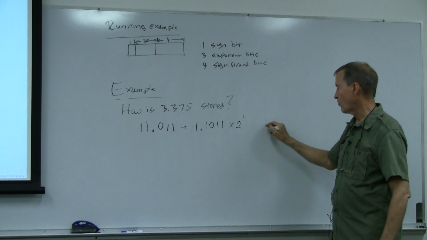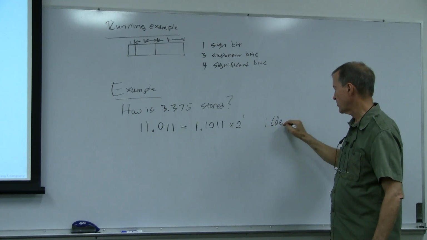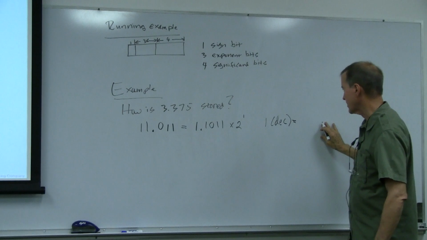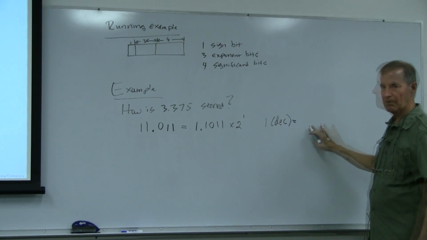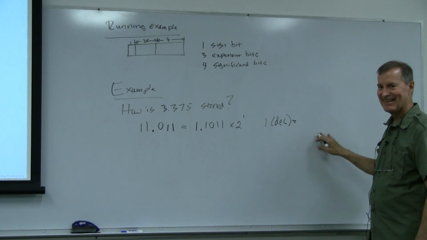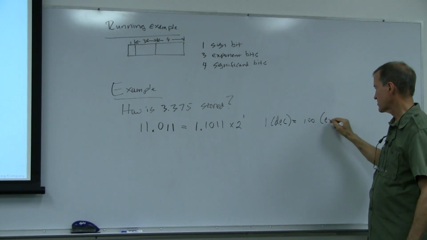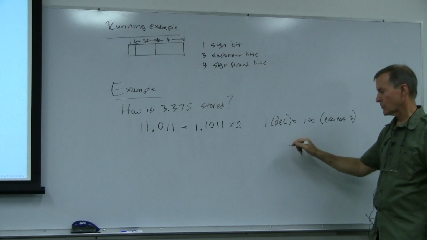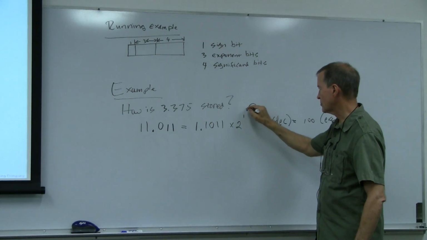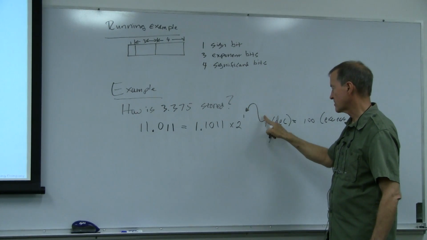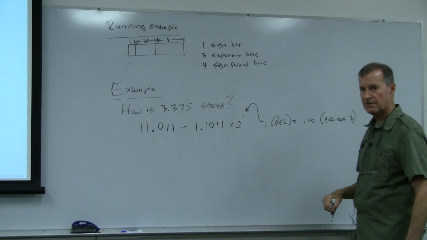So 1 decimal equals what? Excess 3. Yeah, you just look at the chart. 100. This is excess 3. Is everybody clear? So that's this, that's the exponent. Are you with me?